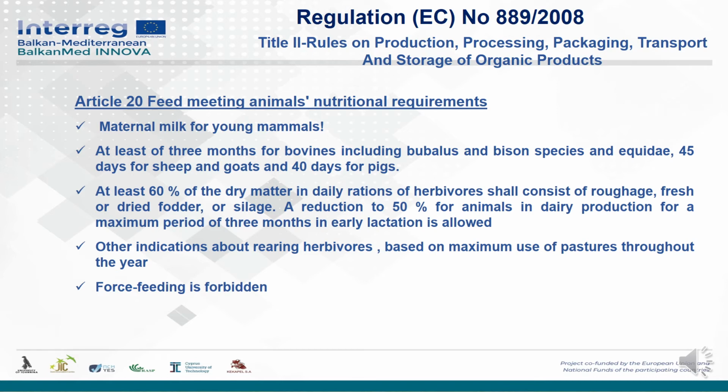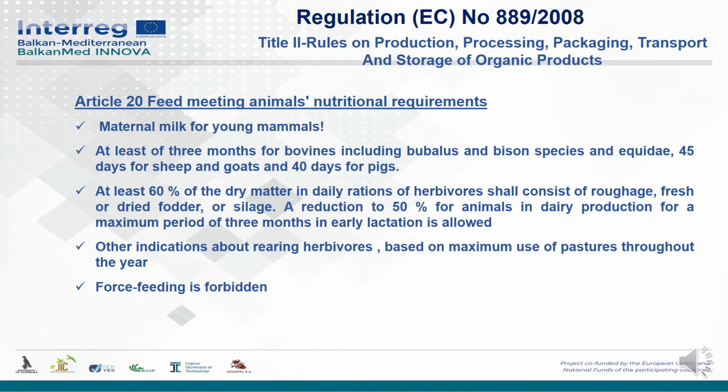Article 20. Feed meeting animals' nutritional requirements. According to the regulation, it has to be maternal milk for young mammals, at least 3 months for bovines, including bubalus and bison species, and equidae, 45 days for sheep and goats, and 40 days for pigs. At least 60% of the dry matter in daily rations of herbivores shall consist of roughage, fresh or dried fodder, or silage.